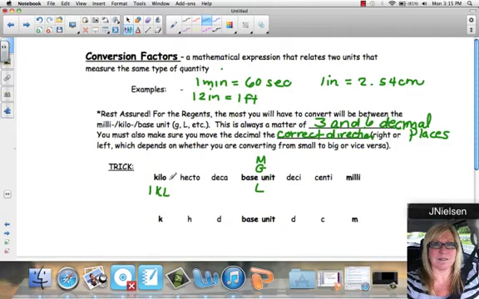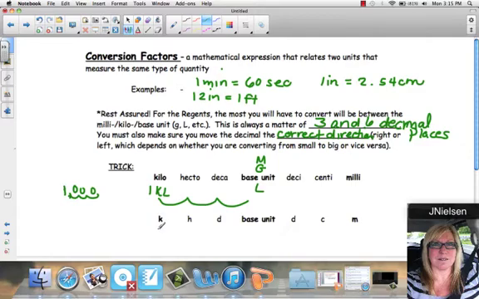How many decimal places am I moving? Well, let's see. I'm going from kilo to hecto to deca. So I've moved 1, 2, 3 places. So all I really have to do is take my 1 kiloliter and move 3 decimal places. So that means I'm adding 3 zeros. So that's 1,000.